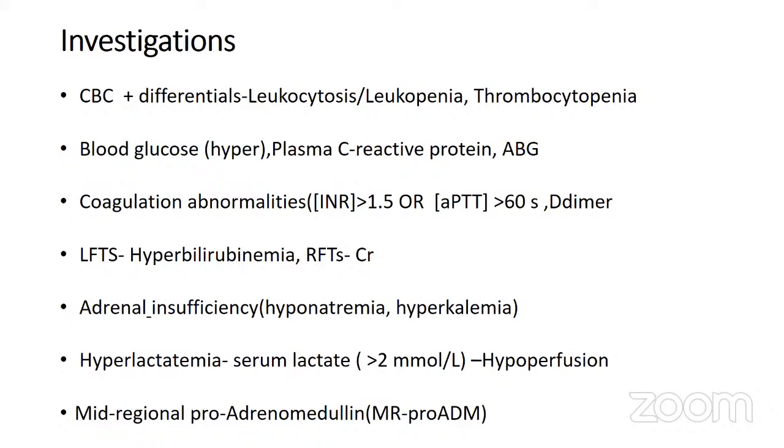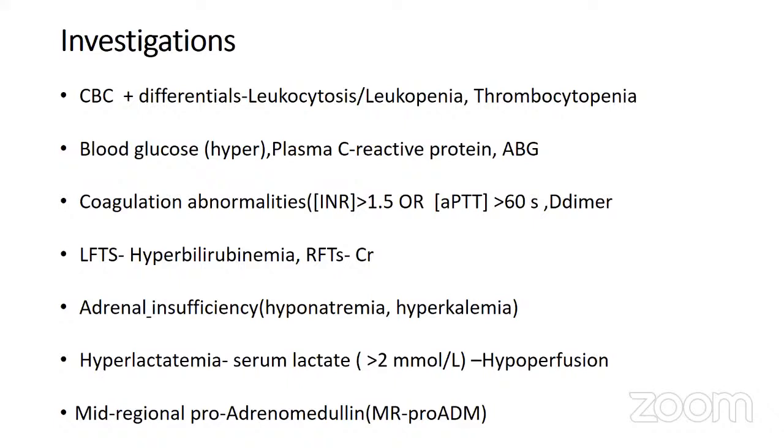Then the other laboratory biomarker is mid-regional pro-adrenomedullin. It's basically a peptide that's generated by multiple tissues in order to stabilize the microcirculation, and it helps to protect against endothelial permeability.